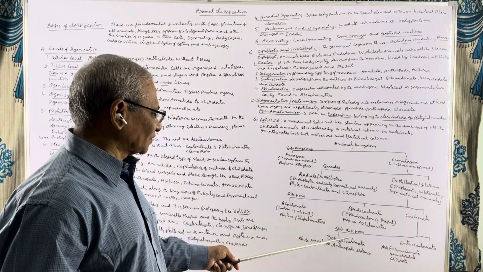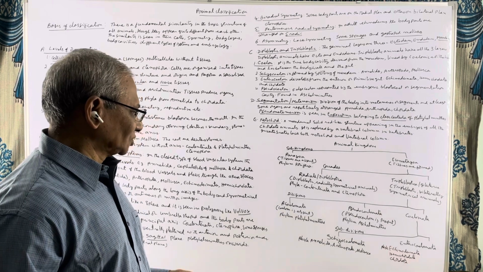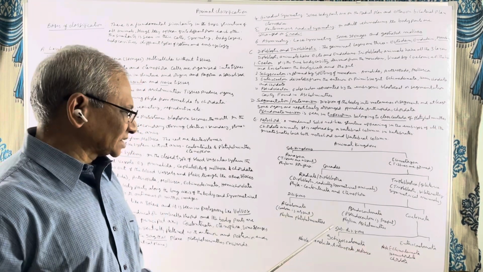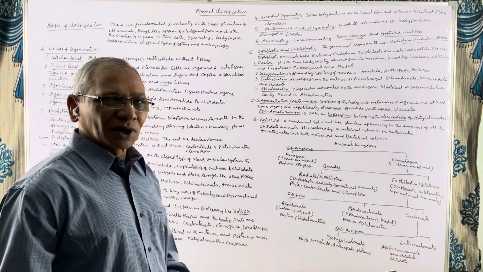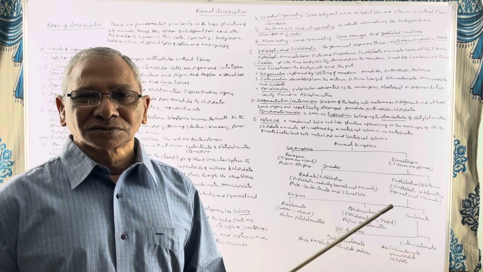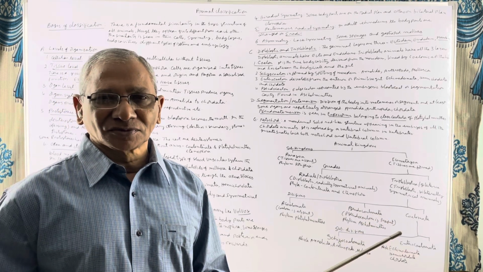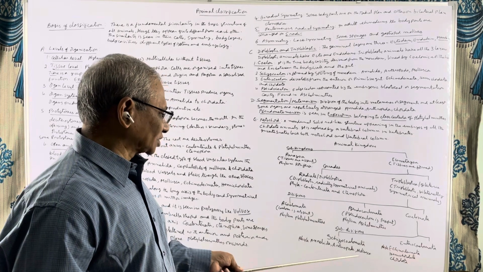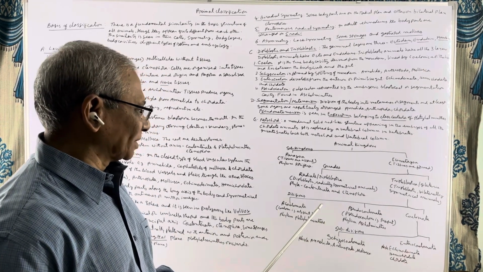Then coelomata is divided into two subdivisions, schizocoelomata and enterocoelomata. In the case of schizocoelomata, the body cavity is formed due to splitting of mesoderm. Schizo means split. Phylum Annelida, Arthropoda and Mollusca belong to schizocoelomata.